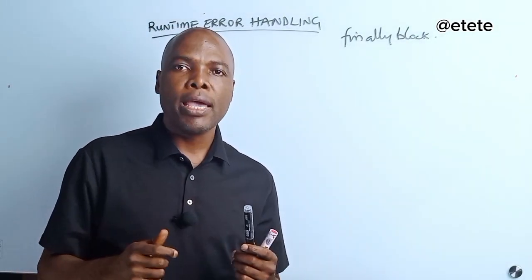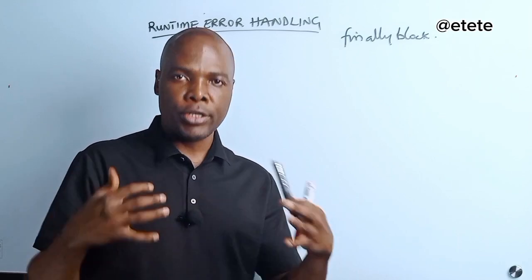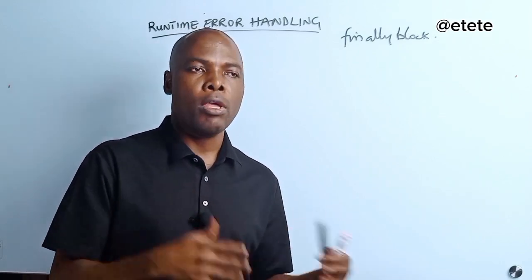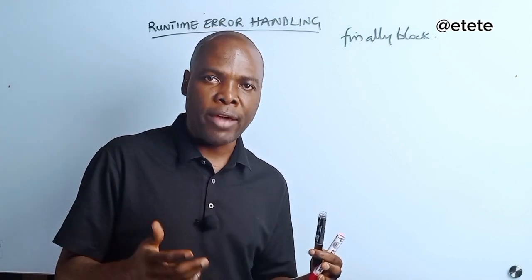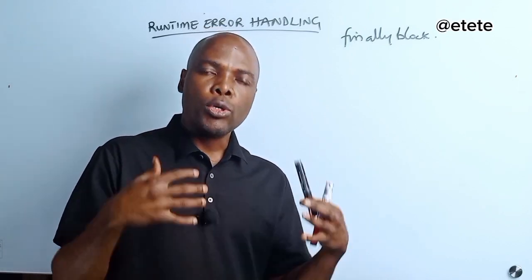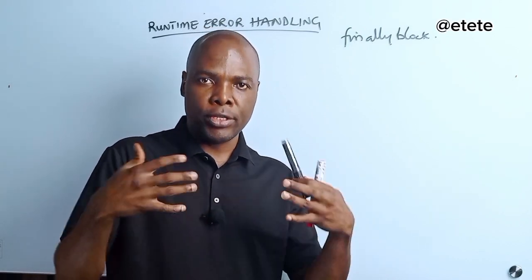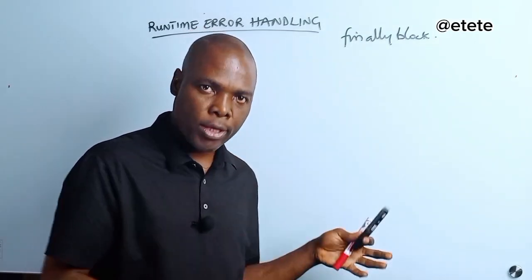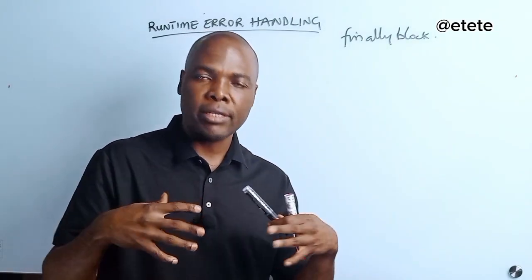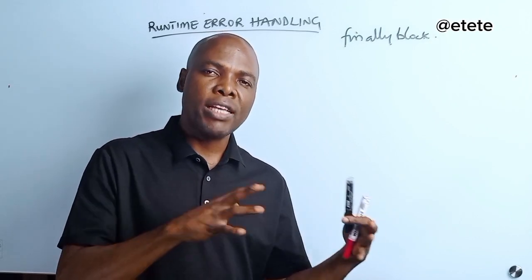In a situation where you want to release the resources, even if there's an error. For example, you open a file and then you write to the file or you read from the file, and then there's an error. You want to still release the resources. Because when you want to carry out your calculation, there are resources that are going to be used. What if there's an error?